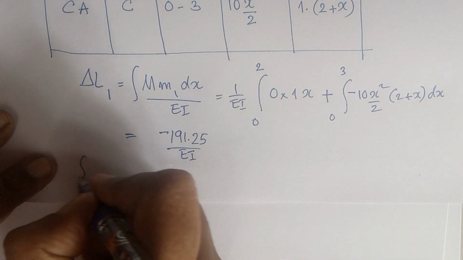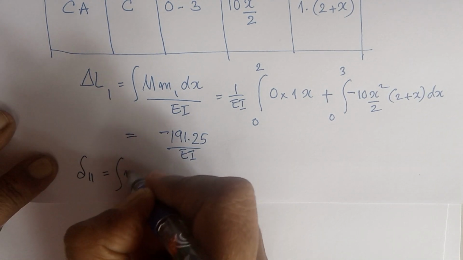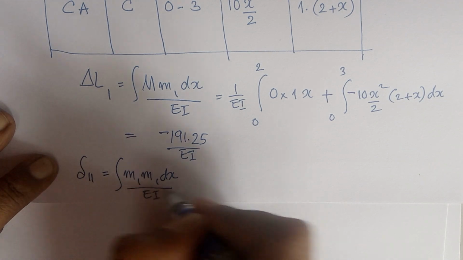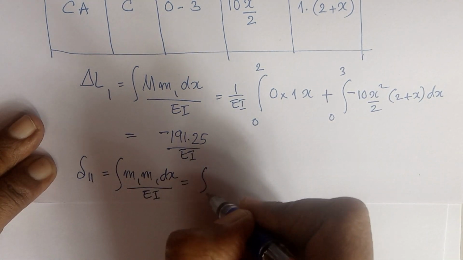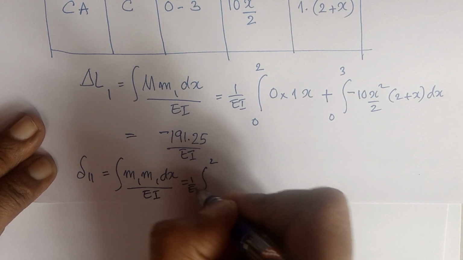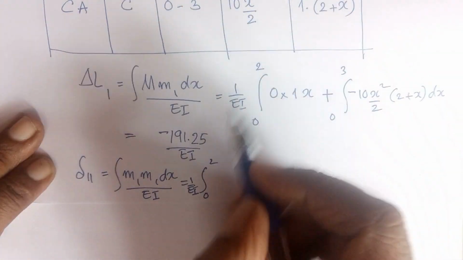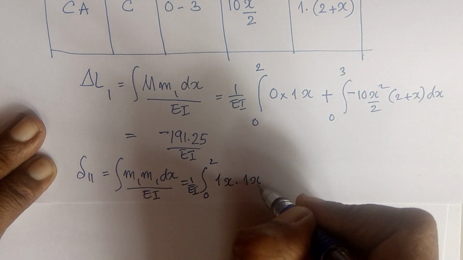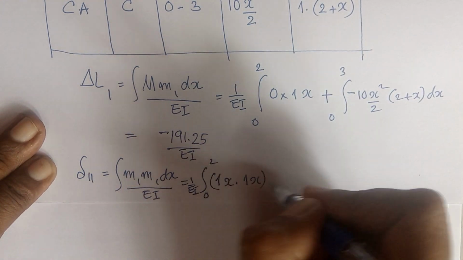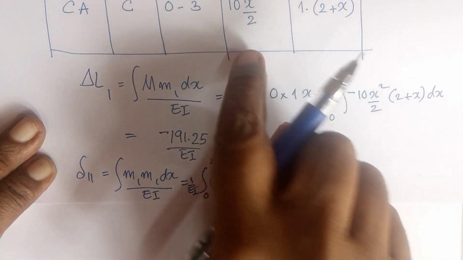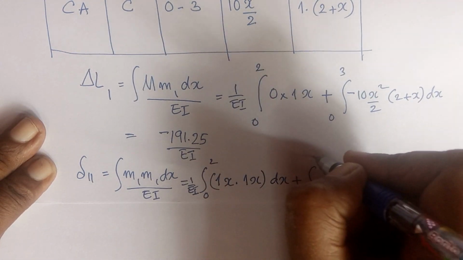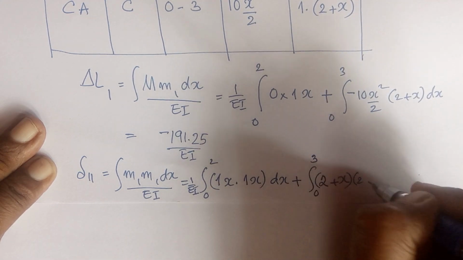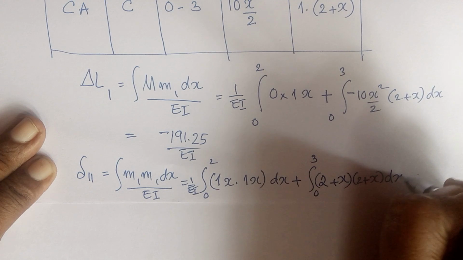Similarly, this delta 11 is integral m1 m1 dx by EI, that is 0 to 2, 1 by EI you take outside. First portion m1 into x into 1 into x, plus second portion integral 0 to 3 of 2 plus x into 2 plus x dx.